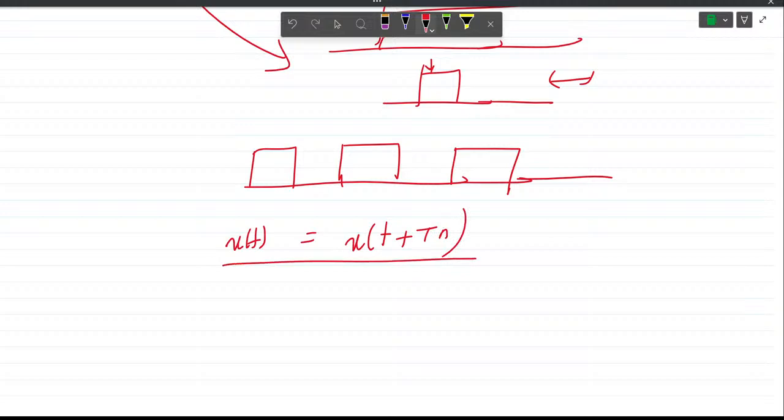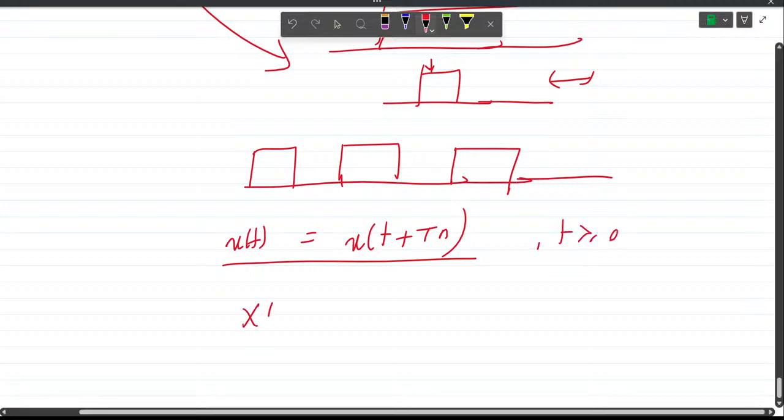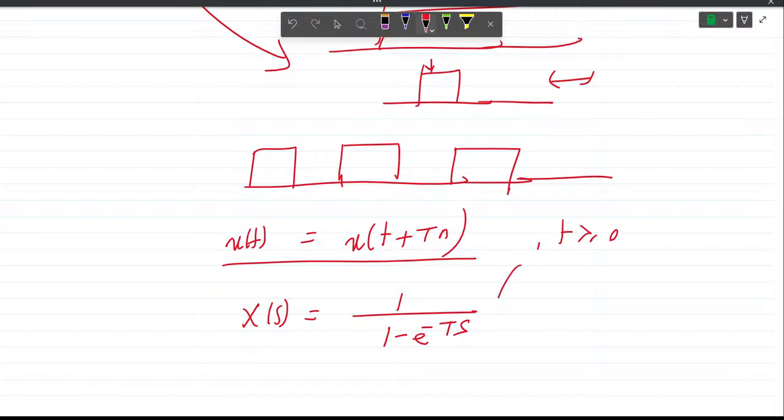This is the definition of periodic functions, and we are assuming t greater than 0. So X of s, because it is the unilateral Laplace transform, is 1 over 1 minus e to the power minus Ts, where T is the time period of the periodic function, times X1 of s.